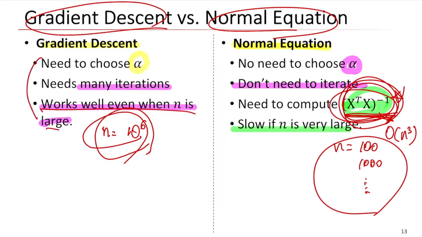Gradient descent also doesn't need any constraint that the loss function should be convex, but for the normal equation, the condition is that the original loss function should be convex. So that is the difference between gradient descent and the normal equation. Actually, most machine learning techniques are based on gradient descent and use it to solve their own loss function.